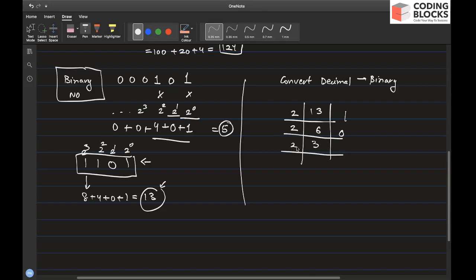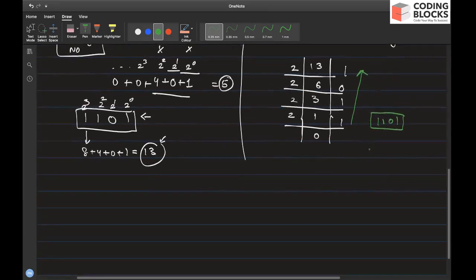Then 2 ones are 2 and the remainder is again 1. Then 2 zeros are 0 and the remainder is 1. If you read this from the bottom up, you get 1101, which is the binary equivalent of 13.